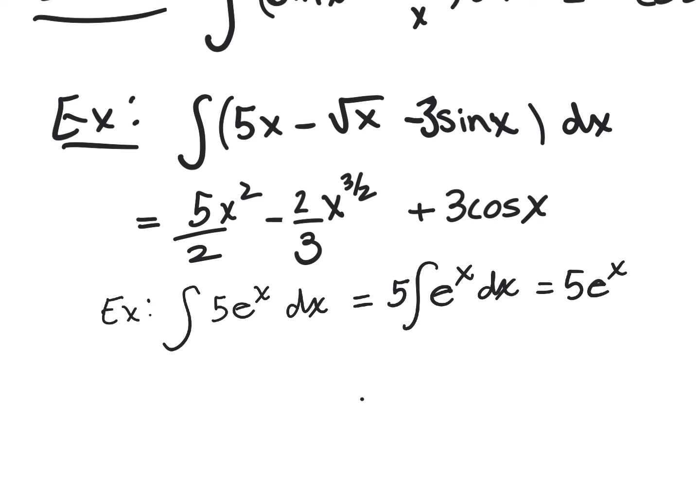So I want to try to get you that way. A lot of times they have you integrating e to the x or e to something because you're trying to find the area under the curve or something along those lines. The other places you do a lot of derivatives and integrals is going back and forth between acceleration, velocity, and position.